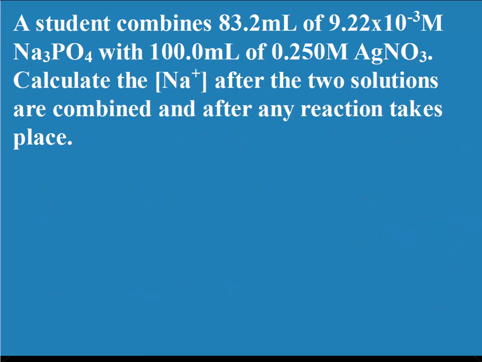So this problem is the same, except now I want to know about my concentration of sodium, and I want to know about after the reaction takes place. This one's a little bit trickier because first, sodium phosphate breaks up into 3 sodium ions and 1 phosphate.